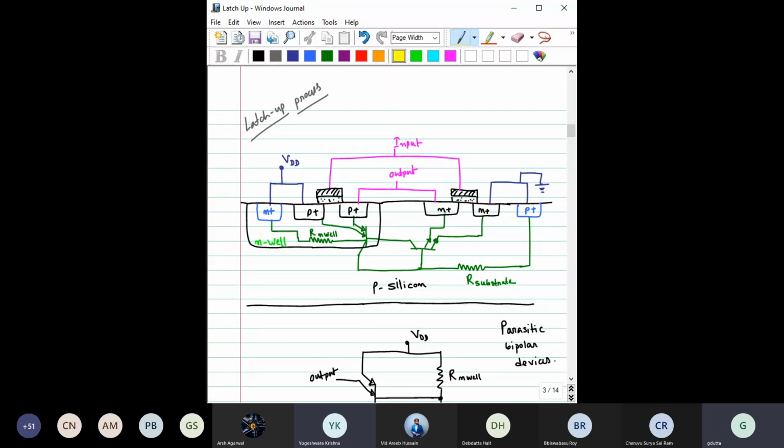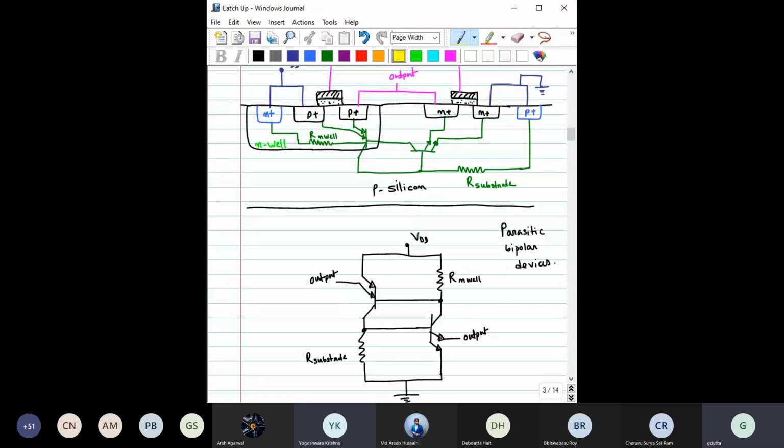Now, for this latch-up to start, what do we have to do here? Let us try to understand one of the scenarios first. If you understand this scenario first, then the other process will be clear to you. Say, for some reason, there is a spike in VDD. VDD is the supply voltage, right?